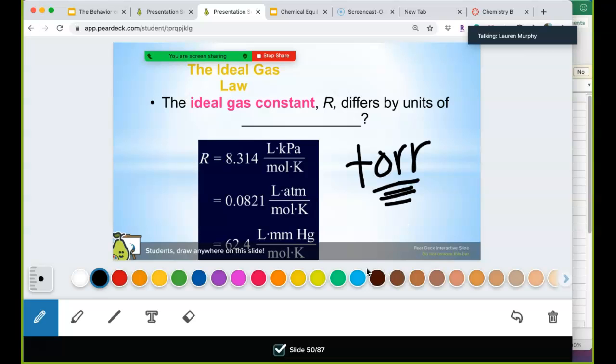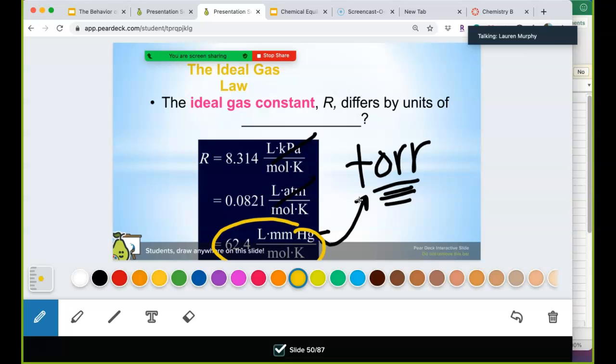Which one of these corresponds to torr? Well, that's kilopascals, right? No, that's atmospheres. Remember, millimeters of mercury and torr are the same thing. So that's going to be this one, 62.4. Millimeters of mercury and torr are the same exact unit.